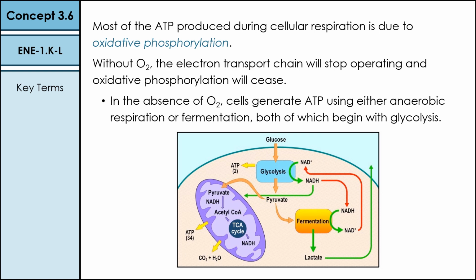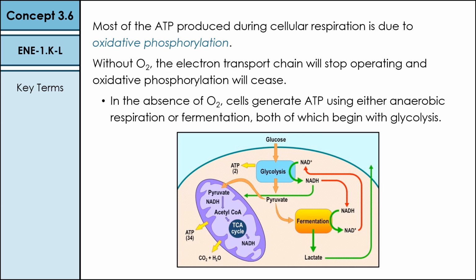But without oxygen to accept the final electron in that electron transport chain, oxidative phosphorylation will not progress, and we will not be able to produce ATP. So, when organisms do not have oxygen gas, they have to find other ways to generate ATP, since they can't rely on the electron transport chain and oxidative phosphorylation.